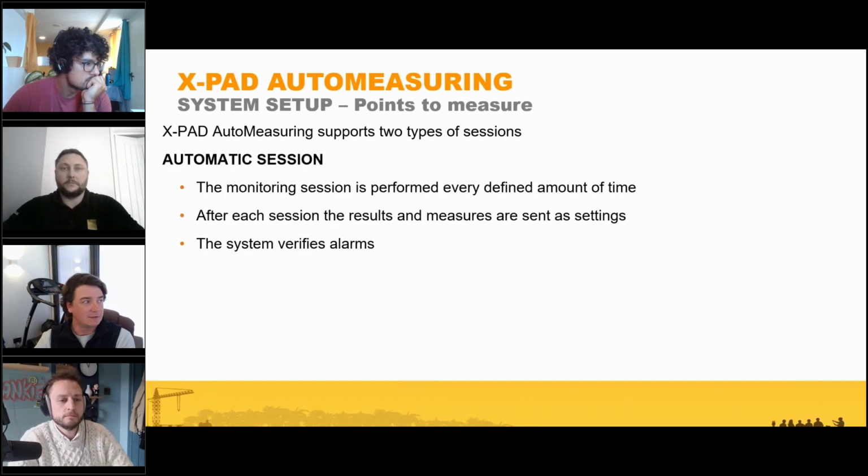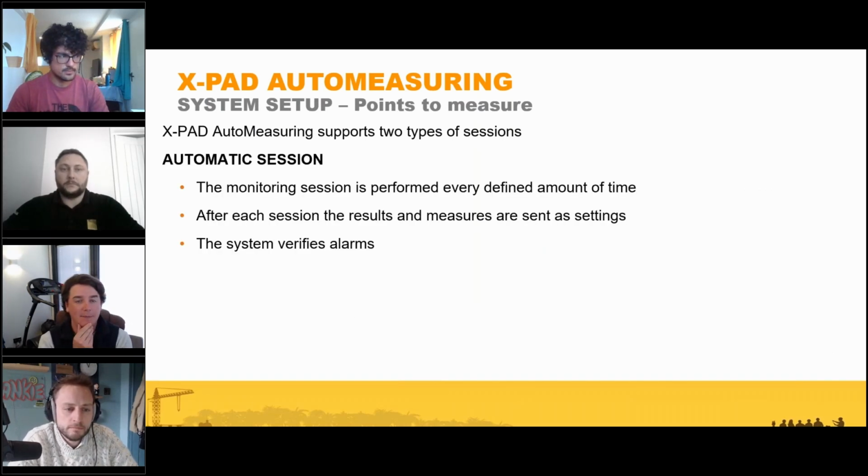So the way it works is for the automatic session, it's defined by an amount of time. So how often you want a session to be recorded. So how often you want it to set its position to the control, and measure all of the points of interest targets.